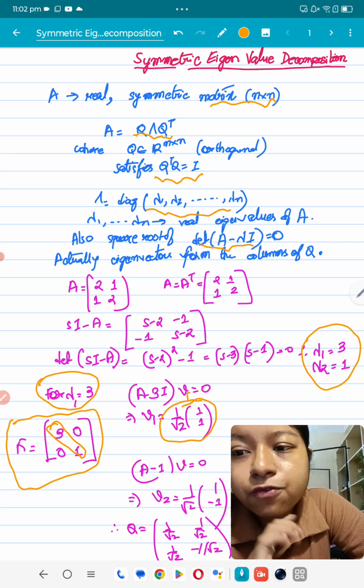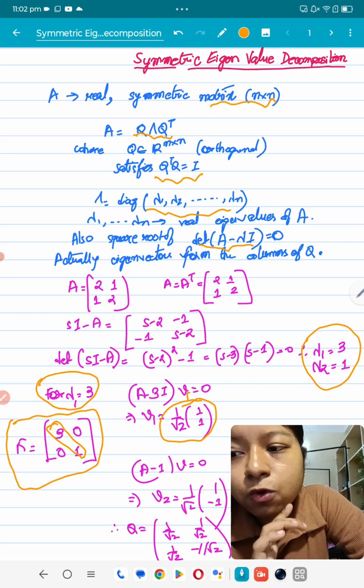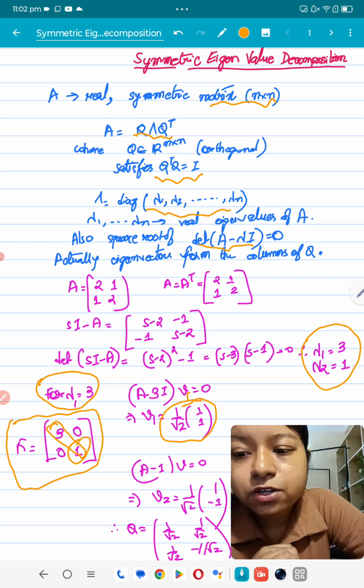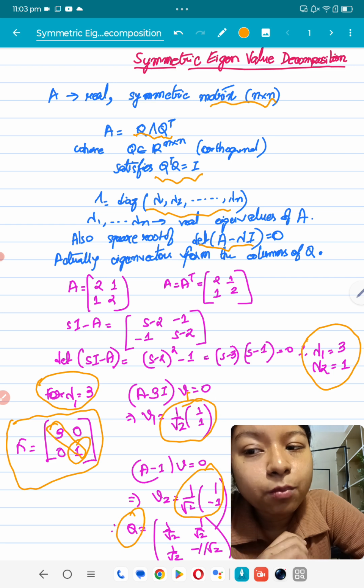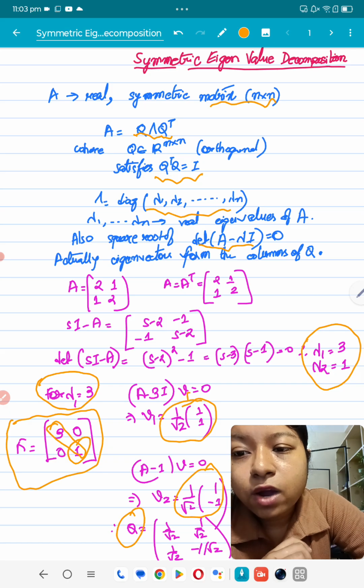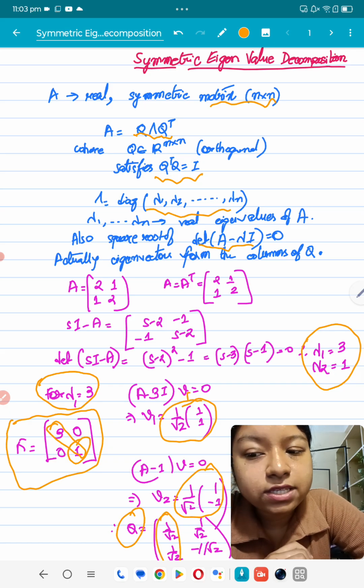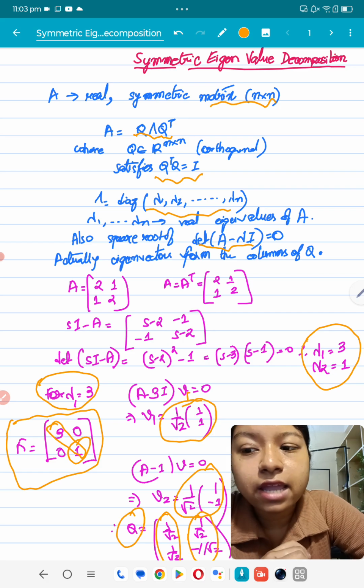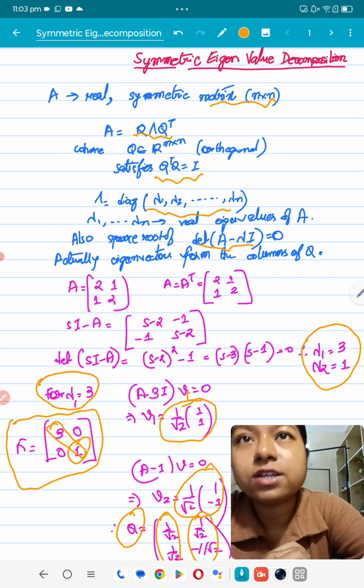For eigenvalue lambda 2 equal to 1, we get the second eigenvector as 1 by root 2 times [1 -1]. Then Q is the combination of the two eigenvectors: the first column is 1 by root 2, 1 by root 2, and the second column is 1 by root 2, minus 1 by root 2. So we got our Q matrix.